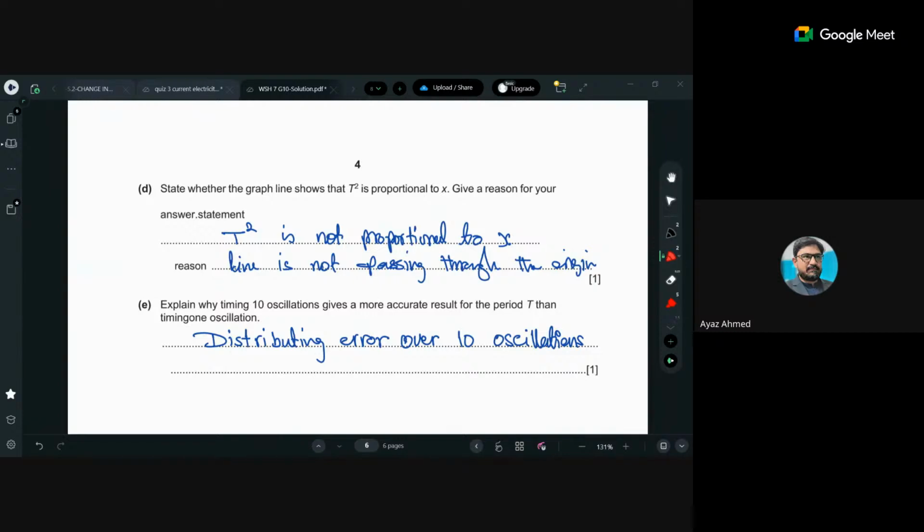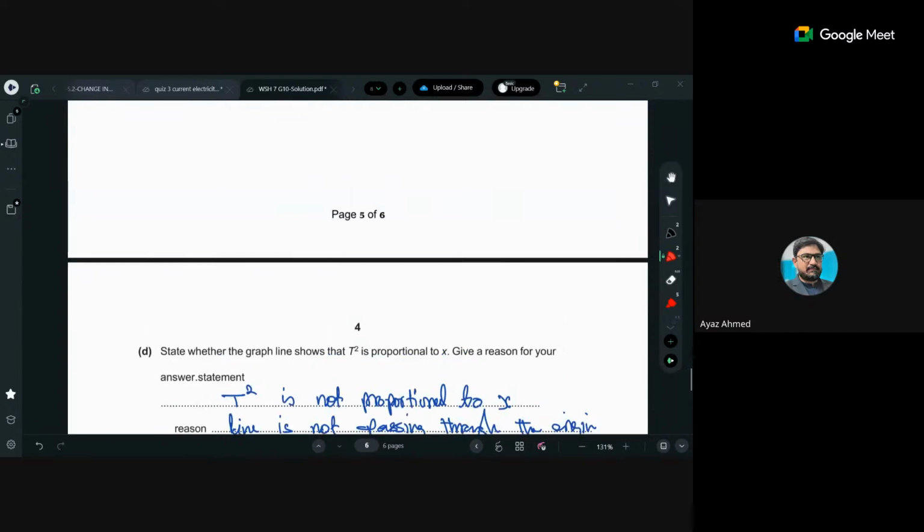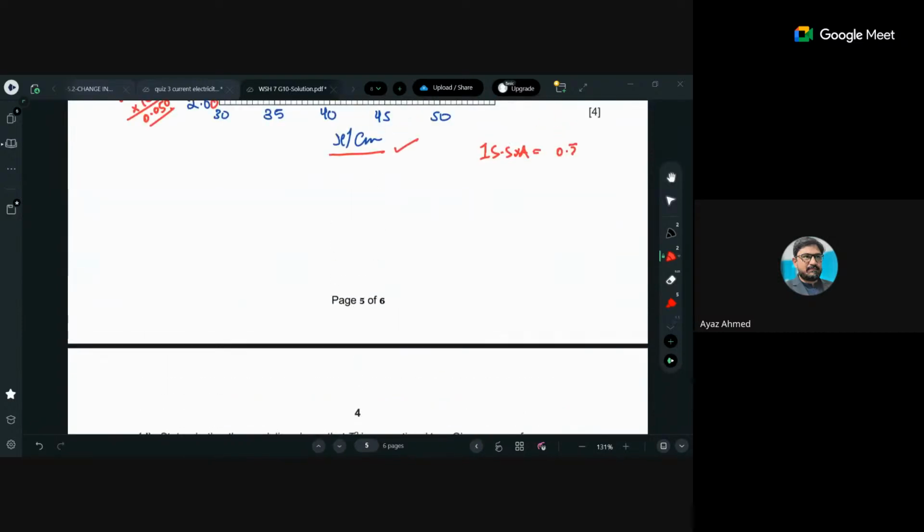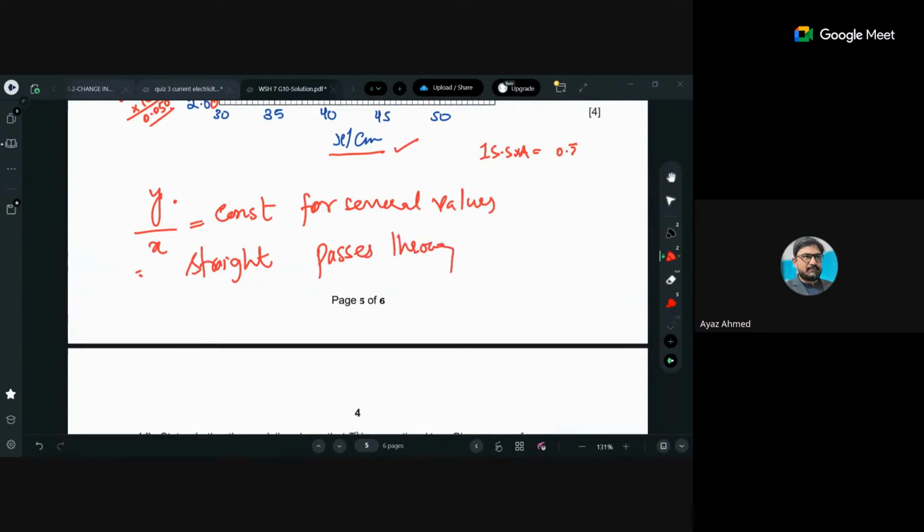So I told you that there are only two justifications for proportional. One is directly proportional, the second one is inversely proportional. If your y-axis divided by your x-axis gives you a constant number for several values, then you can say that it is directly proportional. Or if the line is straight and passes through origin, this is another identification for directly proportional.